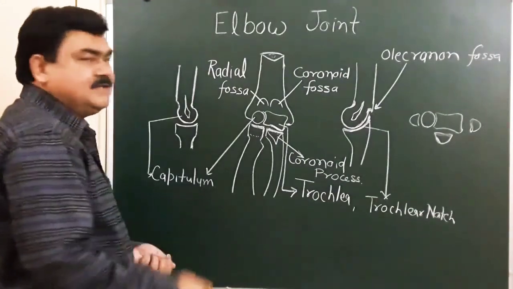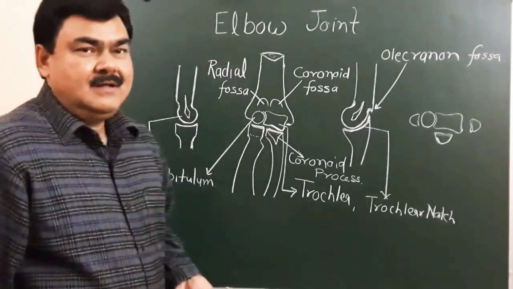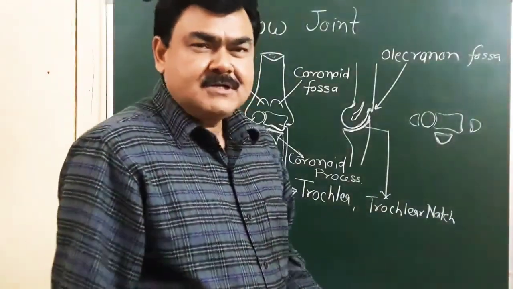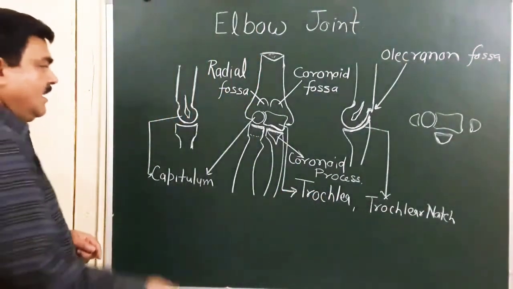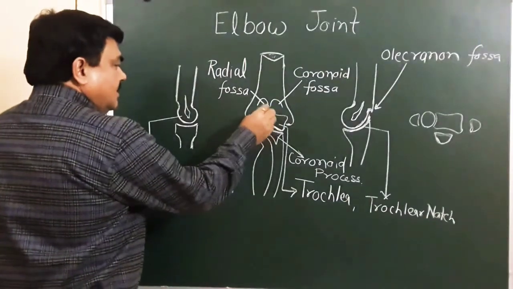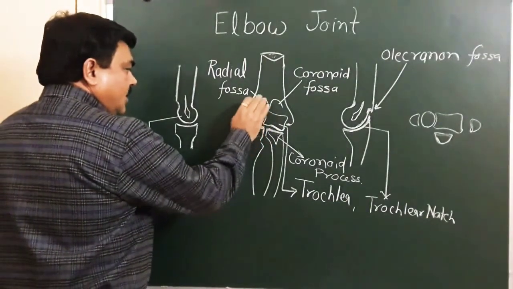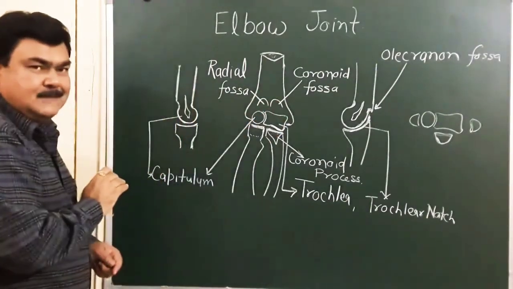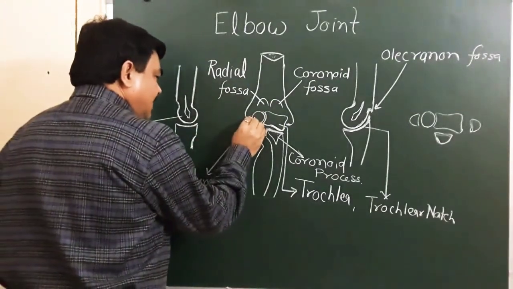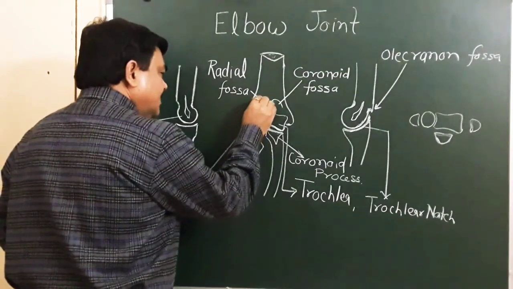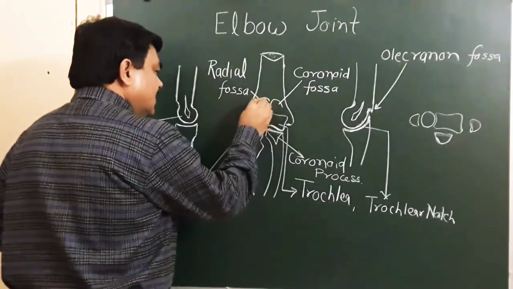And the ligaments related to this joint are, first of all, the capsular ligament. The capsular ligament is attached to the lower end of the humerus in such a way that it covers this fossa. This is the radial fossa.